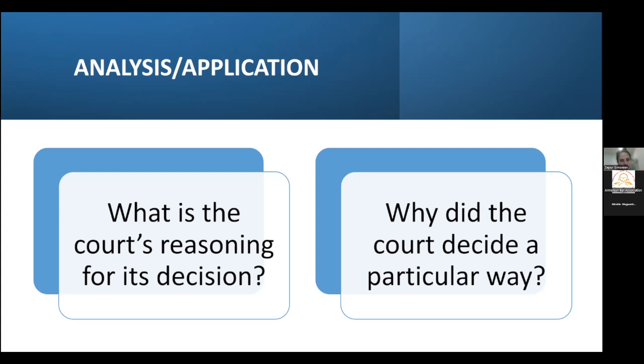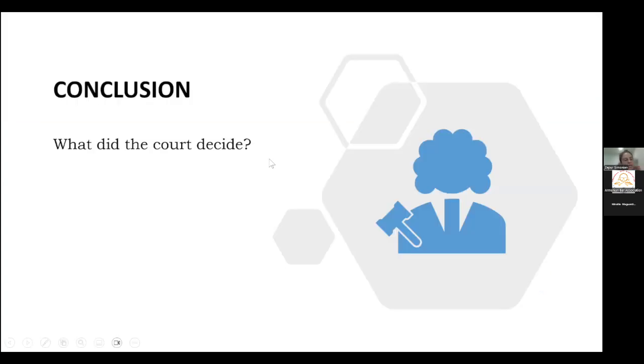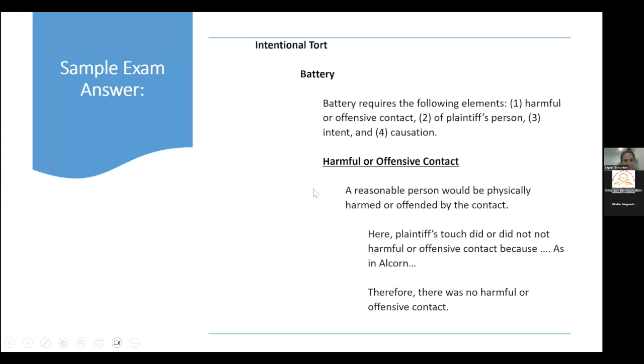Is that still battery? If it is, how did the fact that I snatched the purse satisfy the element of another person or to the person? You need to bridge the two. That's the analysis, and you bridge the two with a because. Everything after the because should be an interpretation of the fact. And then the conclusion is the holding. Was the element essentially met or not met? Was the issue met or not met?